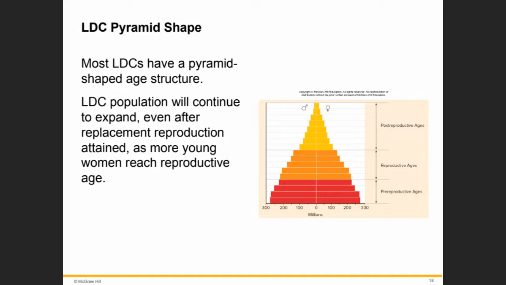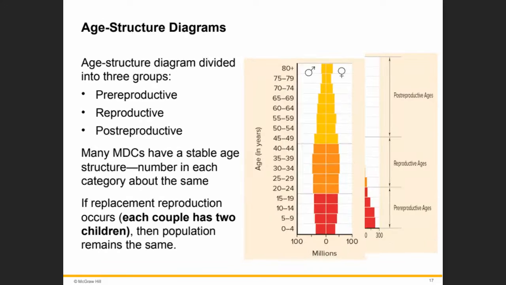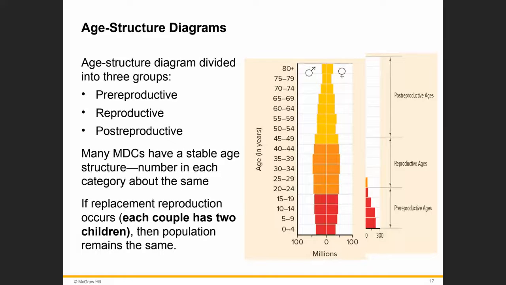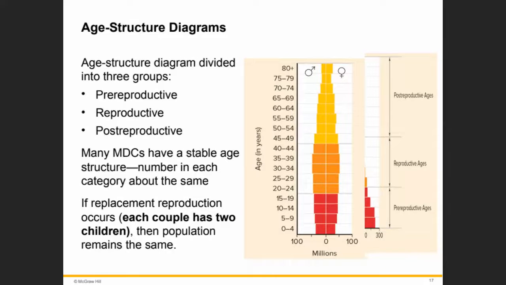And what represents replacement reproduction is when the couple decides to have only two children, like in the United States. In this case, the population remains the same.